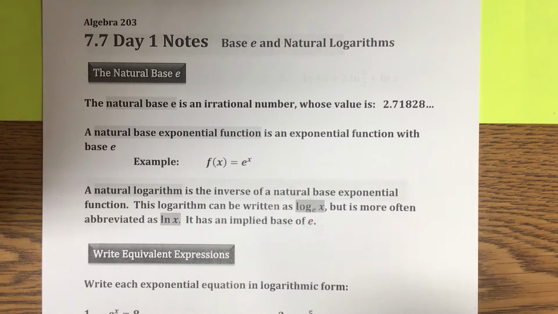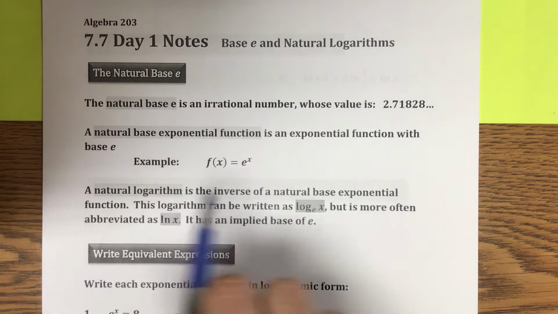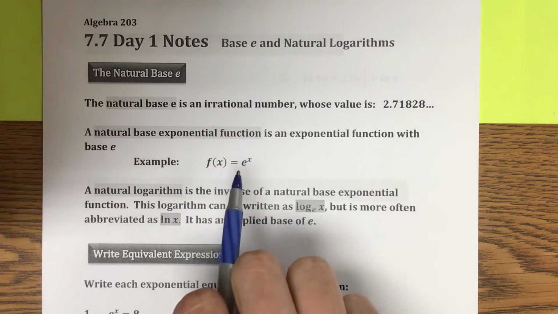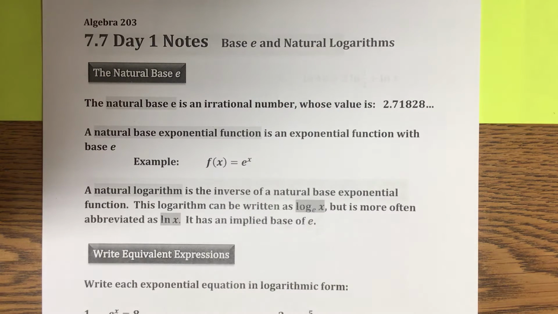So this is an irrational constant, and it's called the natural base because this base shows up in applications in real life. So when we talk about exponential growth in terms of compound interest, or population growth or cell division or carbon dating in science class, lots of different things use this base e in terms of those applications.